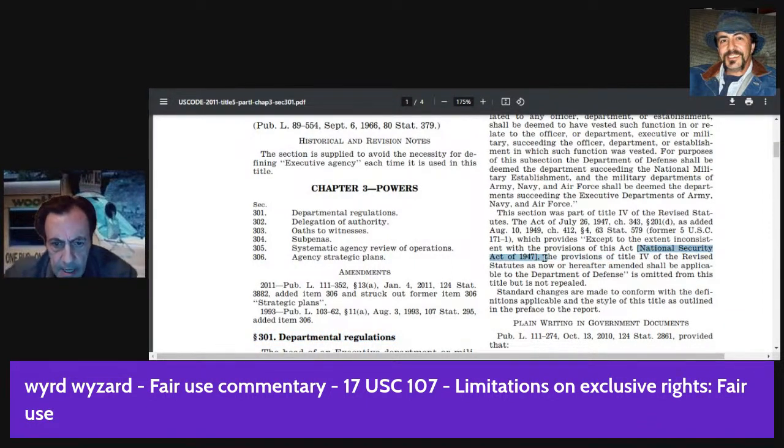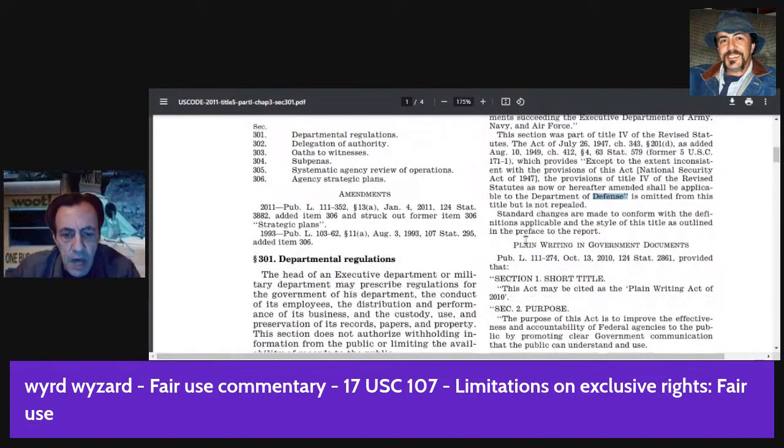National Security Act of 1947, the provisions of Title IV of the revised statutes as now or hereafter amended shall be applicable to the Department of Defense, is omitted from this title, but is not repealed, telling us that this is applicable to the Department of Defense.